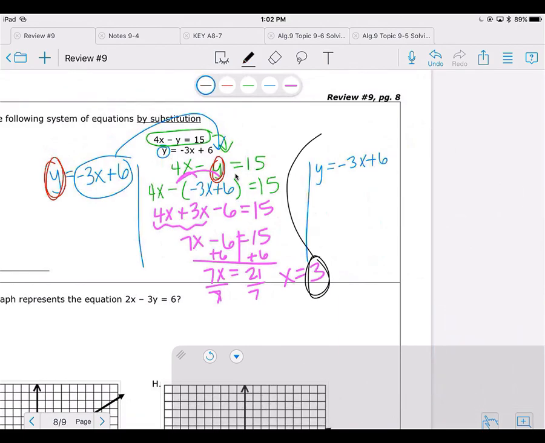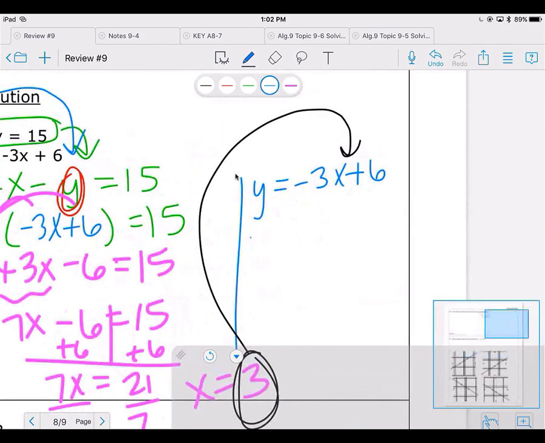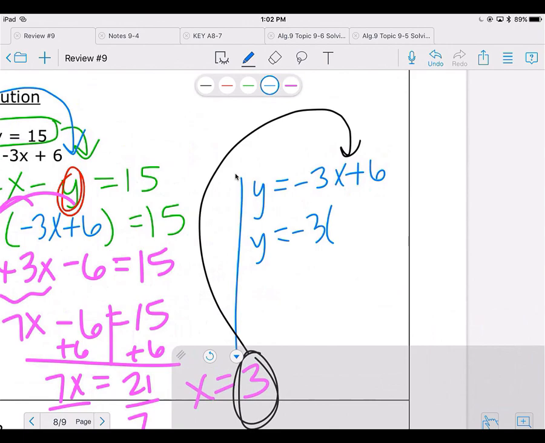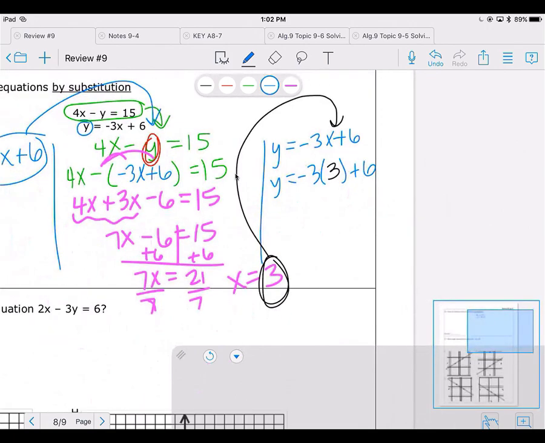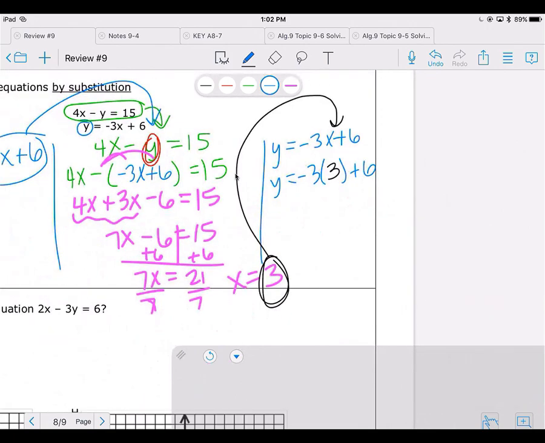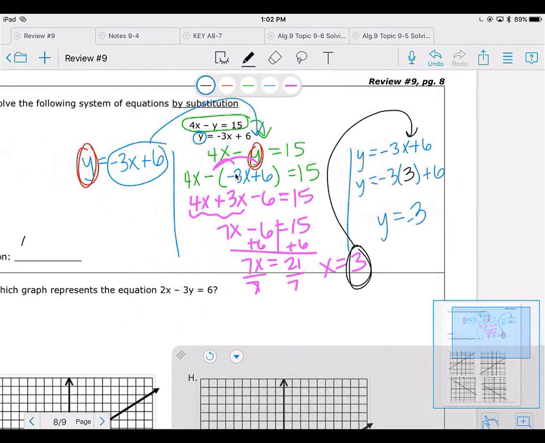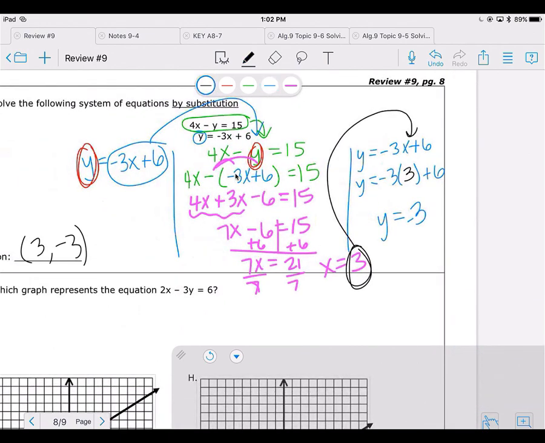I know that y is -3x plus 6. So I'm going to plug in 3 for x. Plug and chug in the calculator, and I get -9 plus 6, which is -3. So my solution is 3, -3.